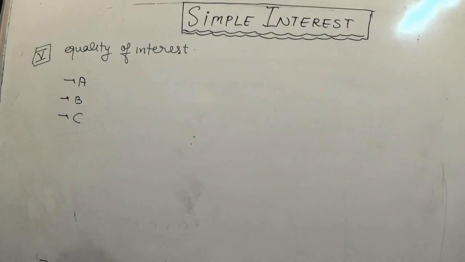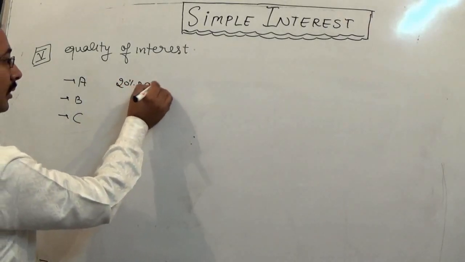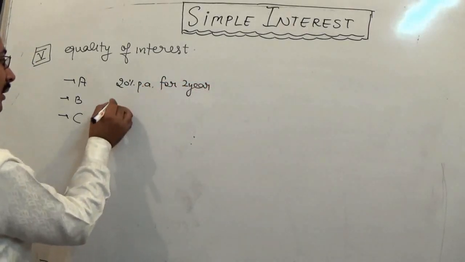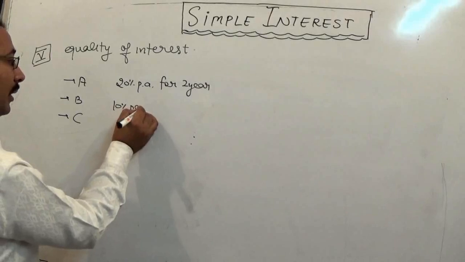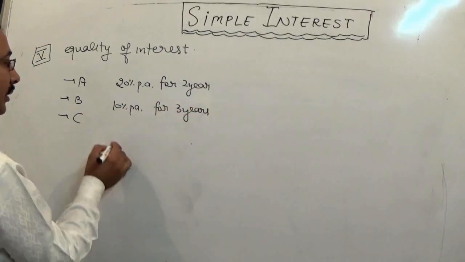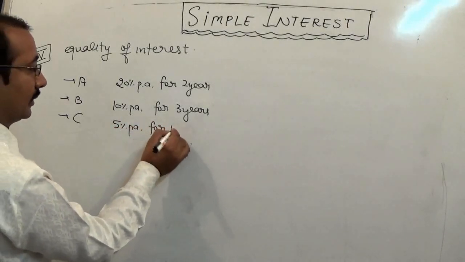To A, he gives money at a rate of 20% per annum for 2 years. To B, he had given money at 10% per annum for 3 years. And to C, he had given money at 5% per annum for 4 years.